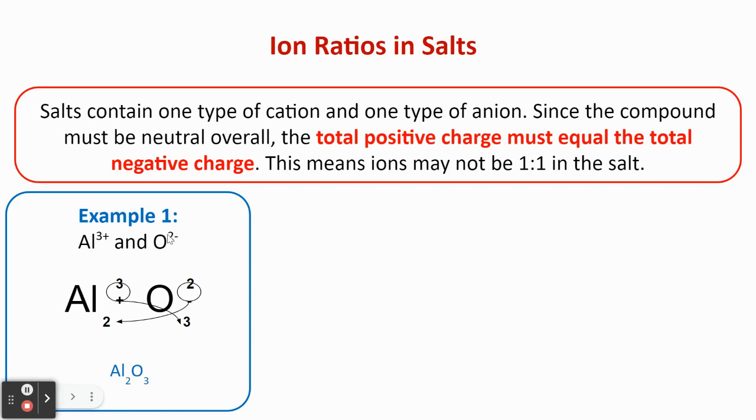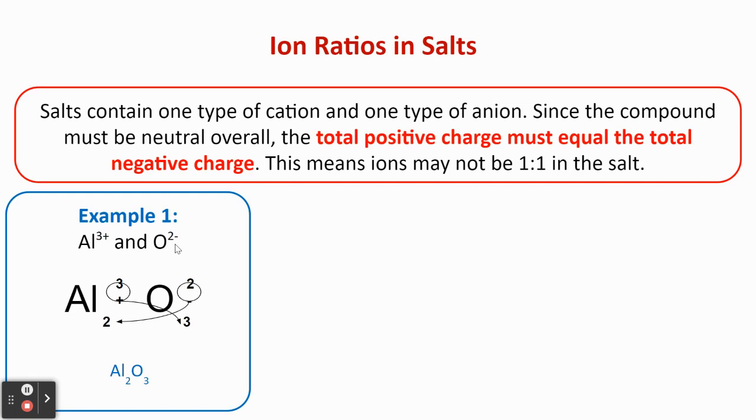In order to make the charges equal, 3 and 2 have 6 in common. So we would need 2 +3 aluminum ions for every 3 -2 oxide ions to make our whole compound electrically neutral.